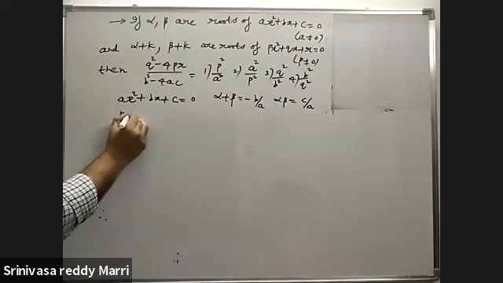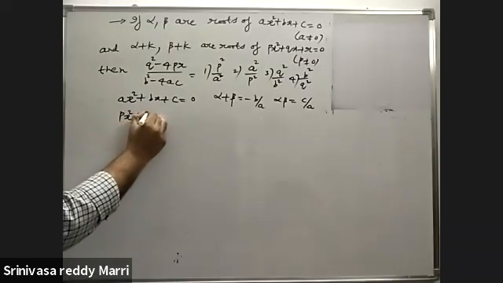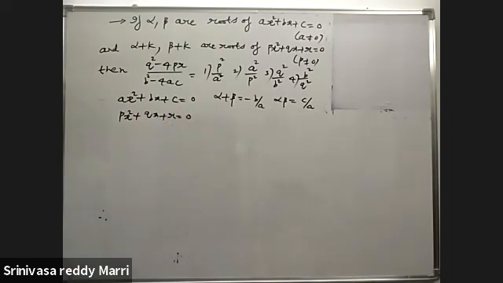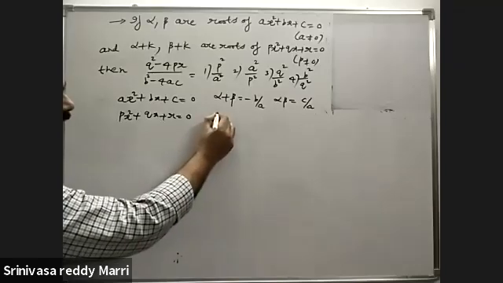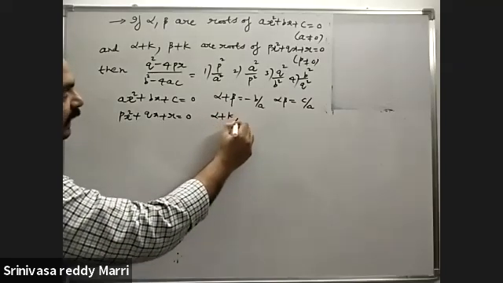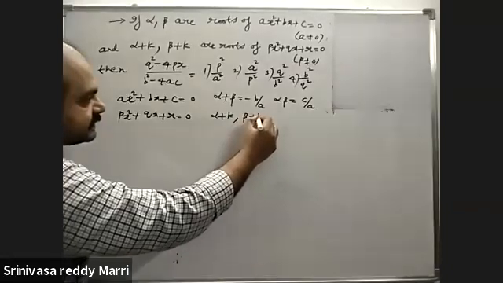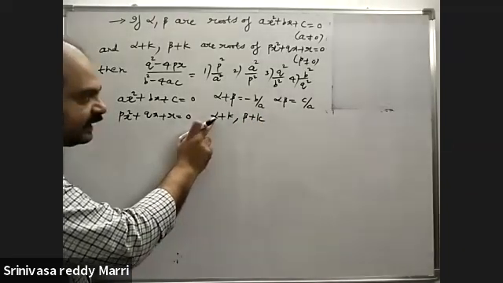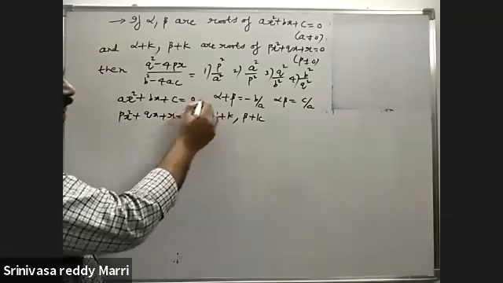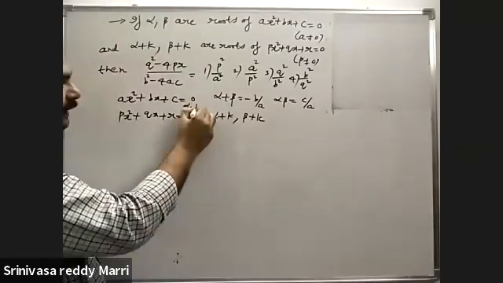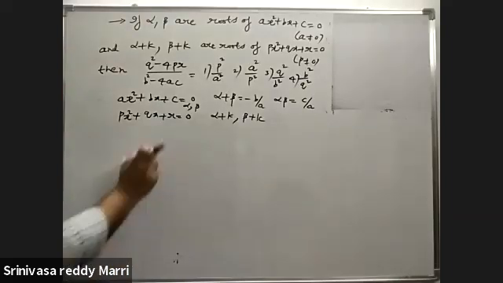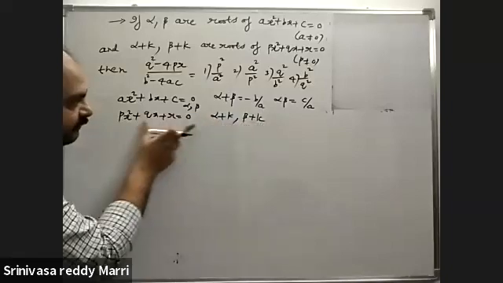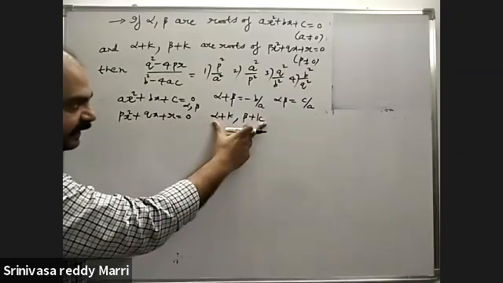Now for px square plus qx plus r equal to 0 given, roots are given as alpha plus k comma beta plus k. The same k is there here. For this, alpha comma beta roots, this plus k is there, this plus k is there. Roots of this are alpha plus k comma beta plus k.